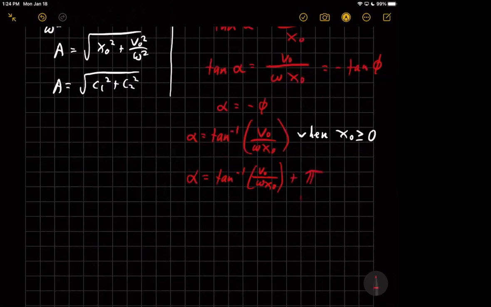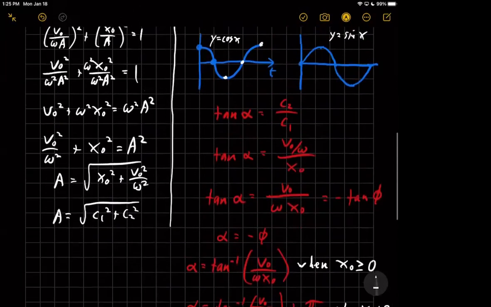So we add on pi radians if X naught is negative. Let me add that, when X naught is less than 0. Okay, so those would be the corresponding things. And then once we find alpha, we can say that phi is just the negative of alpha, right?